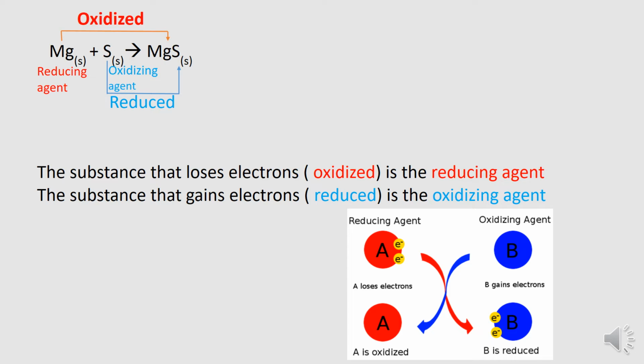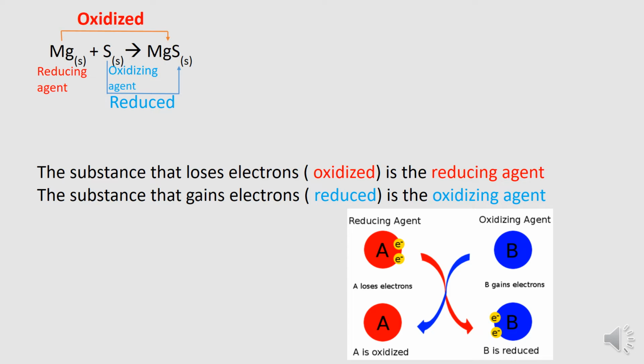Now the sulfur, as we explained, undergoes reduction. So it is reduced by gaining electrons from magnesium, so we name sulfur the oxidizing agent.